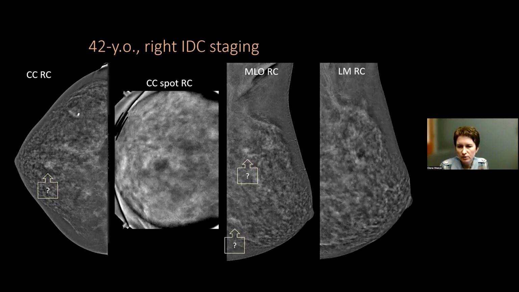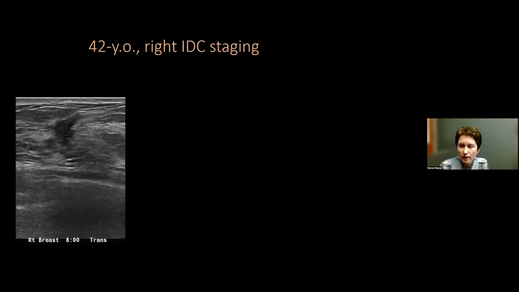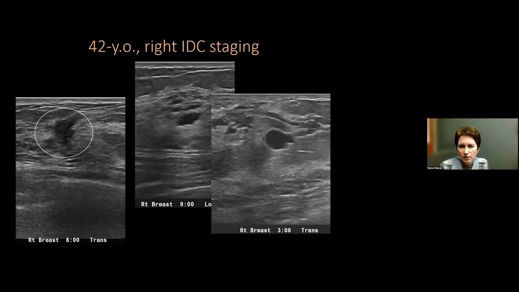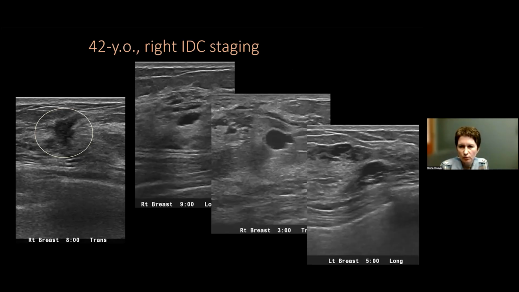It didn't really persist. It blended with the rest of the background enhancement. So we did do bilateral ultrasound and did not really find anything suspicious besides the known right cancer. The known right cancer is a definite irregular mass with spiculated margins. But other than that, just non-specific fibrocystic changes everywhere.